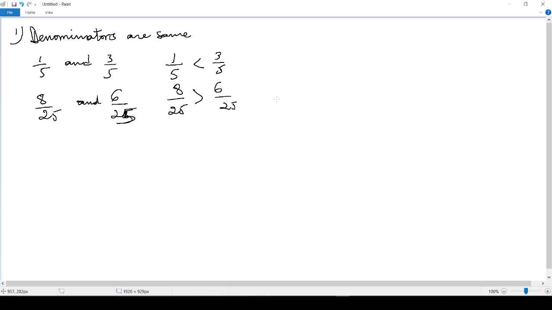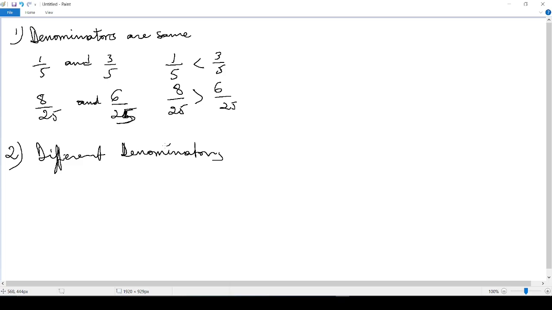The second case is when we have different denominators. Whenever we have different denominators, what we do first is use the LCD to compare these fractions.